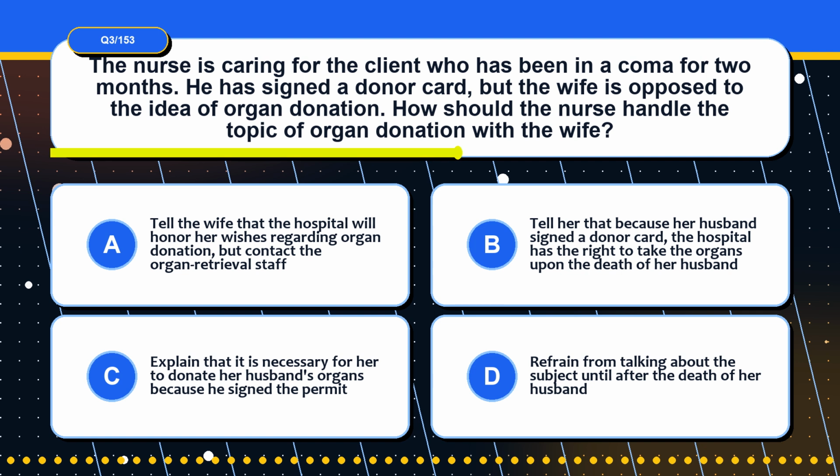Option B. Tell her that because her husband signed a donor card, the hospital has the right to take the organs upon the death of her husband. Option C. Explain that it is necessary for her to donate her husband's organs because he signed the permit. Option D. Refrain from talking about the subject until after the death of her husband.